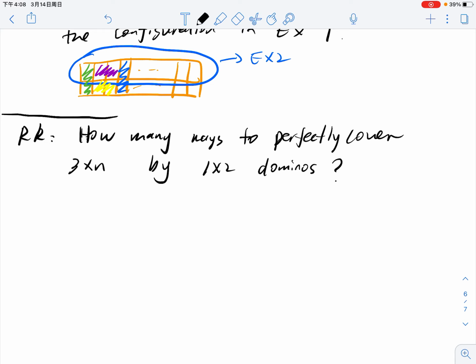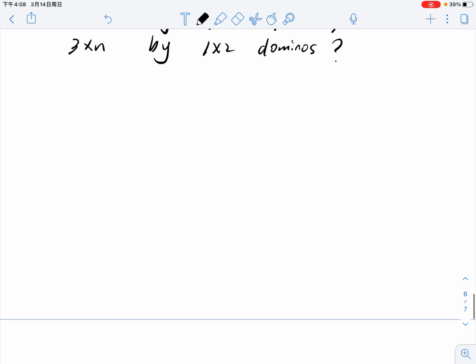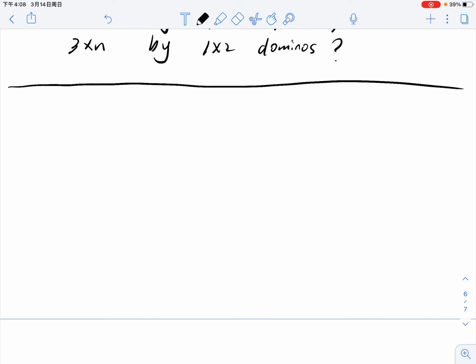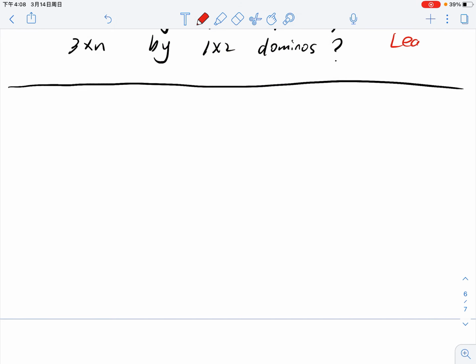That would be very difficult. Okay, I leave it to you. You can search online to see if there's some work on it, if you have interest.